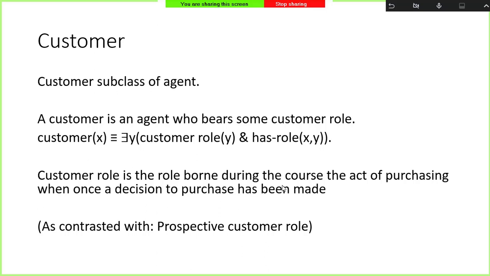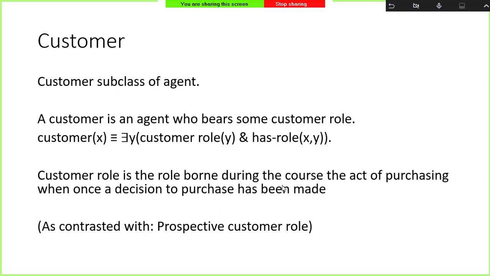So when is a customer a customer? When does an agent bear a customer role? This is not an easy question to answer, but the proposal we're suggesting is that once you've made a decision to purchase and started the act of purchasing, then you are a customer.